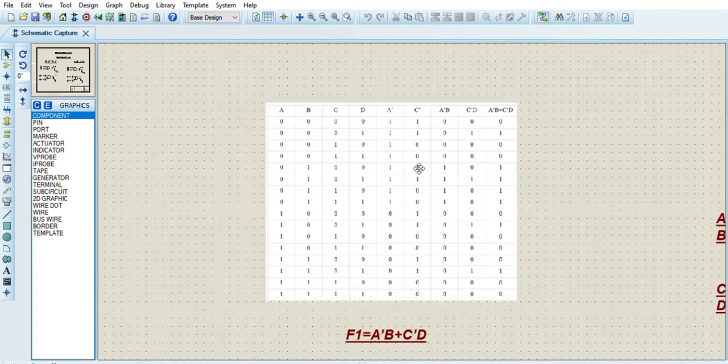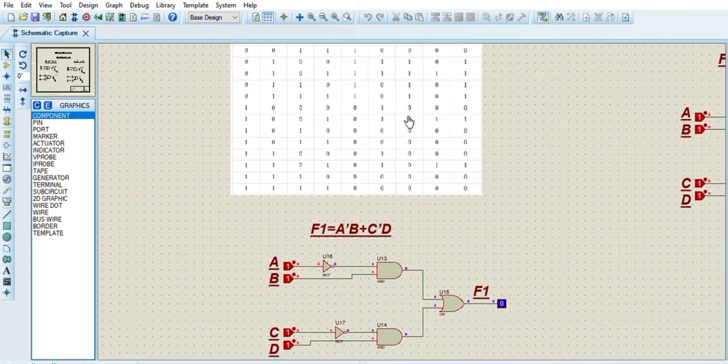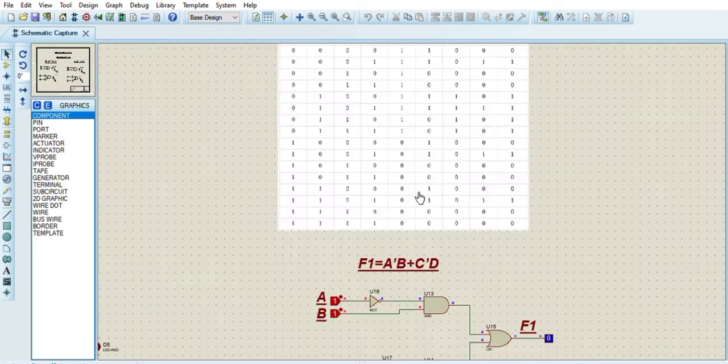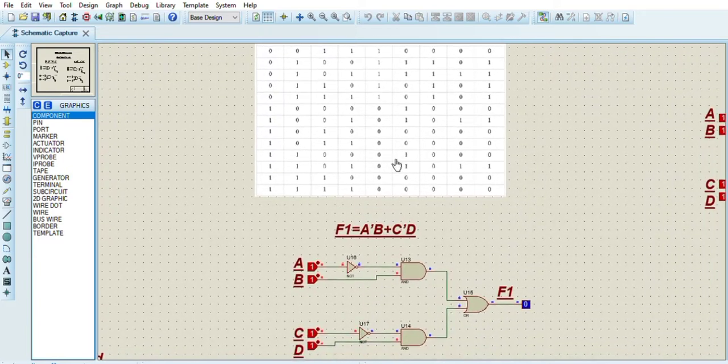So let's compare the graph with the following logic outputs. If we see that, let's take a general example. Here is 1 0 1 1. So I will let you know how it works. So this is the function. If the logic state is 1 0 1 1, the circuit will be off.